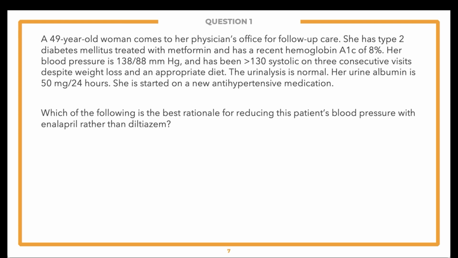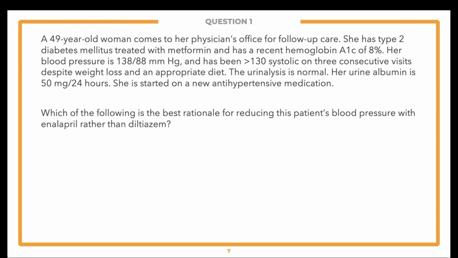Okay, so now we understand what the lead-in is. Let's go ahead and read the vignette. A 49-year-old woman comes to her physician's office for follow-up care. She has type 2 diabetes mellitus treated with metformin and has a recent hemoglobin A1C of 8%. Her blood pressure is 138/88, and has been over 130 systolic on 3 consecutive visits, despite weight loss and an appropriate diet.